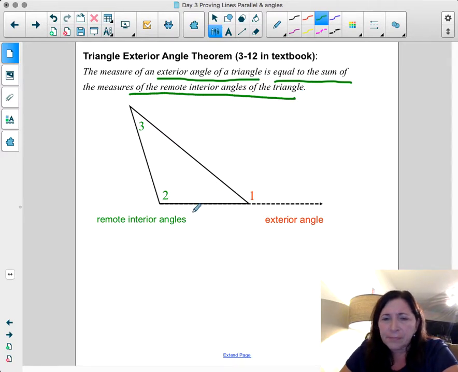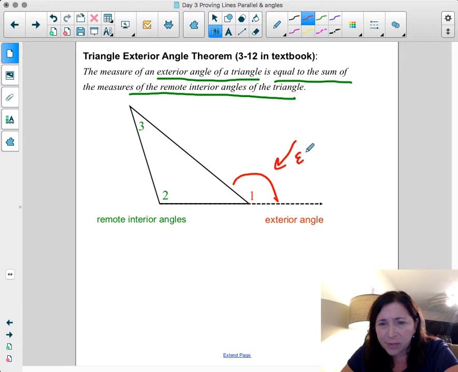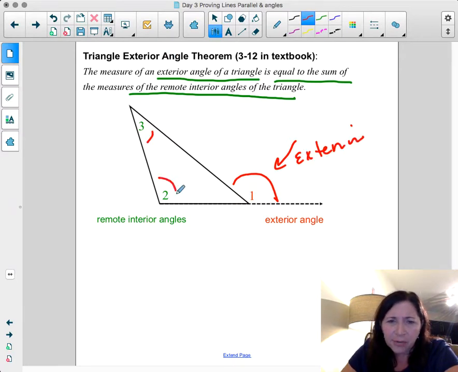So just a little bit of geography here. 1 is outside of this triangle, so we call that exterior. So that angle is your exterior angle. You know that 3 and 2 and whatever this angle is, those are all interior. But the big important word is that it's remote.